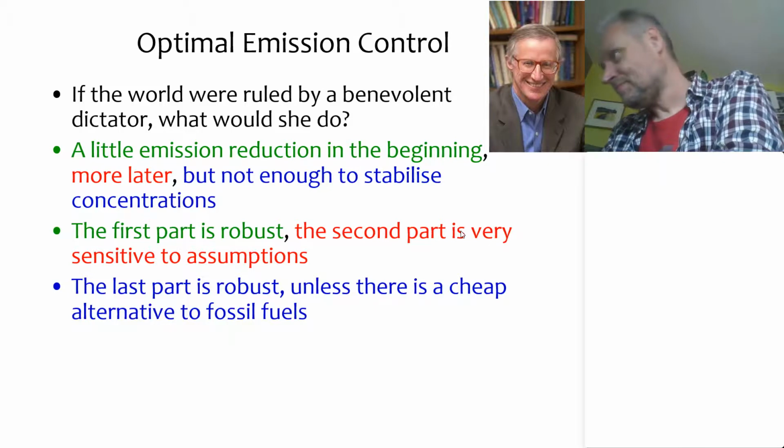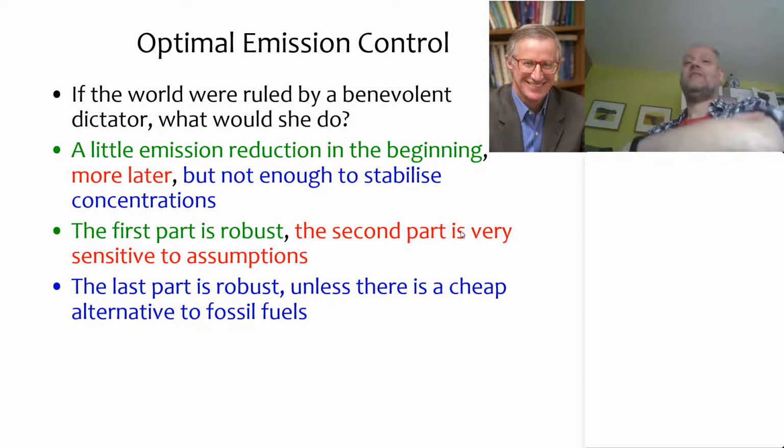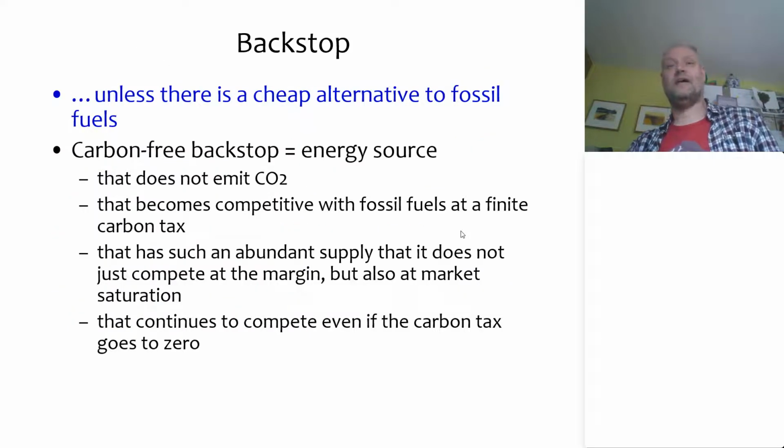And there's one exception to this, and that is if there is a so-called backstop technology. I phrased that on the previous slide, unless there is a cheap alternative to fossil fuels.